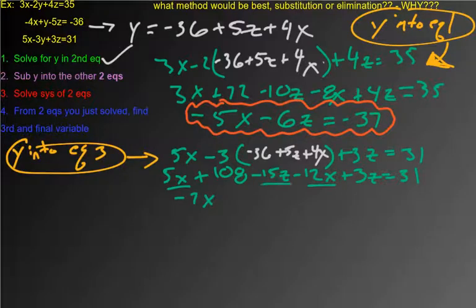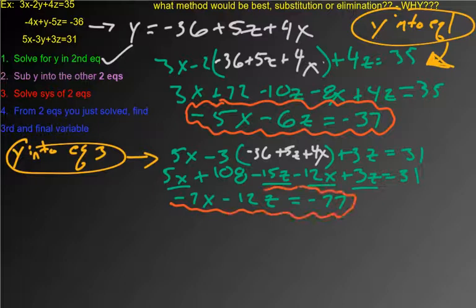We have minus 15, positive 3, so that's negative 12z. And then I'm also going to move this 108 just over to the right. If we do that, we would get negative 77. So now I took my 3 variables and I boiled it down to a system of 2 equations, right?